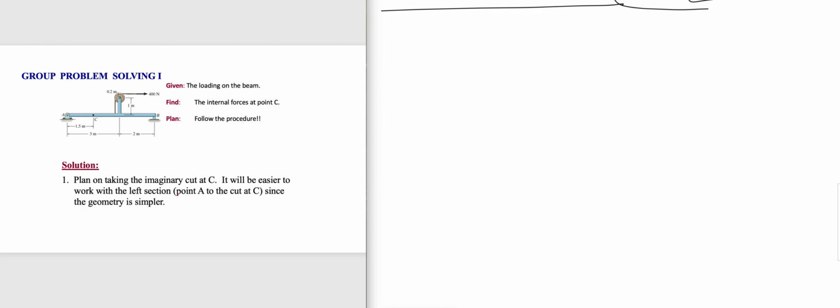So if you want to consider AC, you have to first of all find what is AX and AY because A is a pin joint. So in the given system, let's draw the free body diagram of the given system. So this problem, I'll be a little fast.